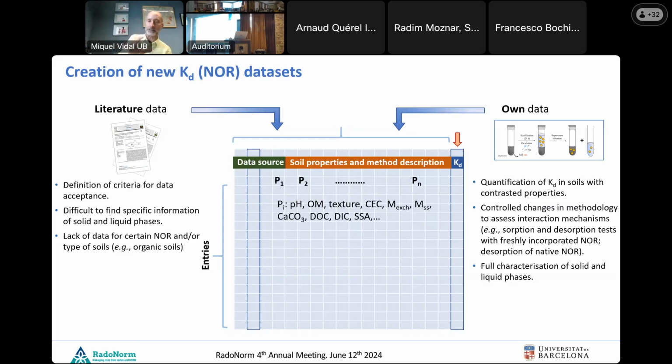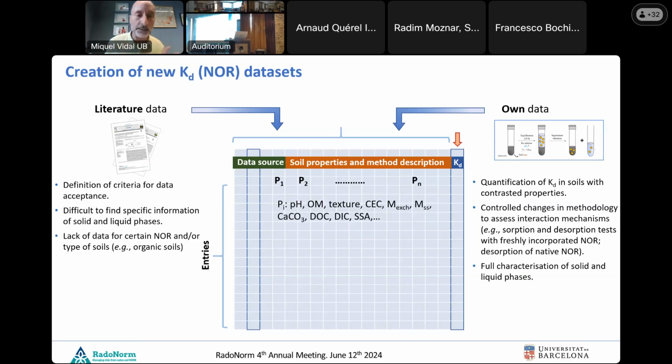By changing some aspects of the methodology of those batch tests we have applied at the laboratory, we have been able to derive different KDs, such as sorption and desorption KDs, or also data from native radionuclide. And we have tried to fully characterize both solid and liquid phases.